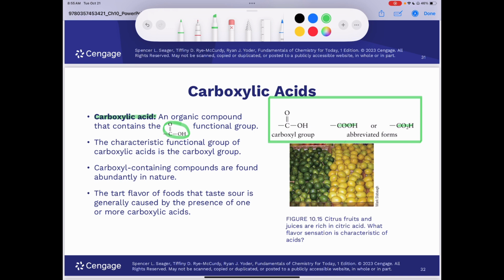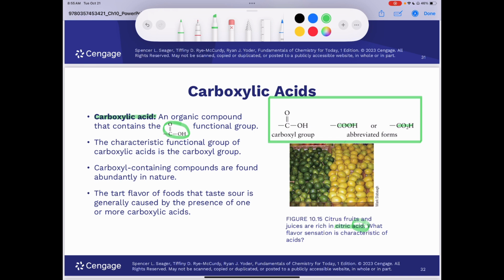And carboxyl containing compounds are abundantly found in nature. For example, the tart flavor of foods that taste sour is generally caused by the presence of one or more carboxylic acids. And you see they have some lemons and limes down here in figure 10.15, which are citrus fruits. And citrus fruits contain citric acid. And the acid in citric acid is a carboxylic acid, okay, that causes that tartness.